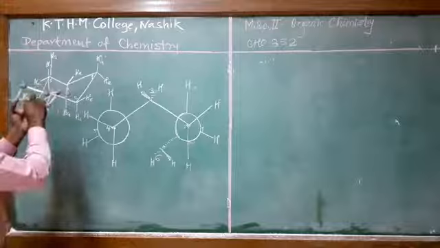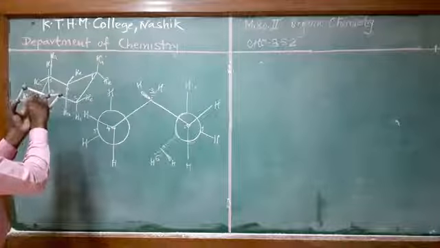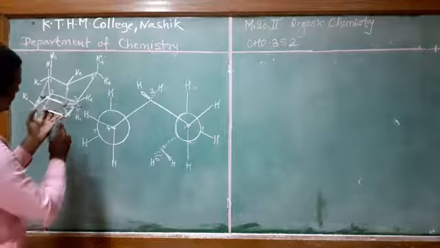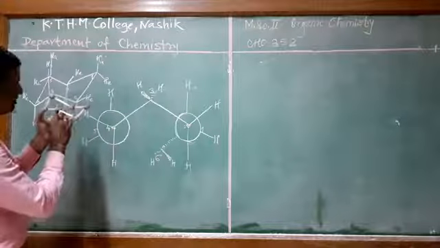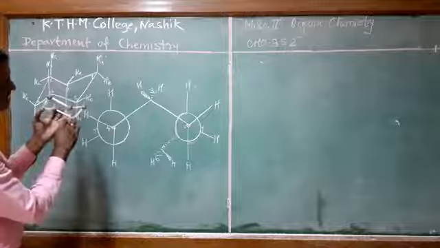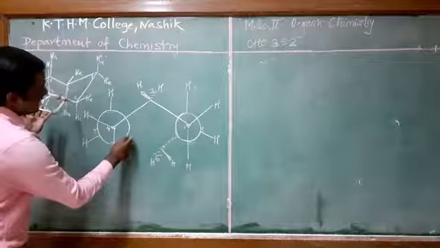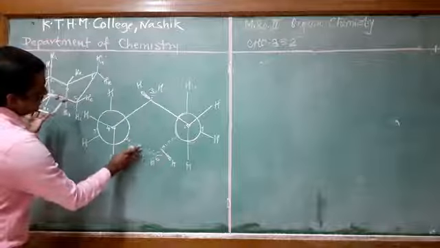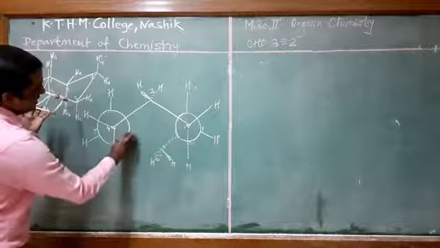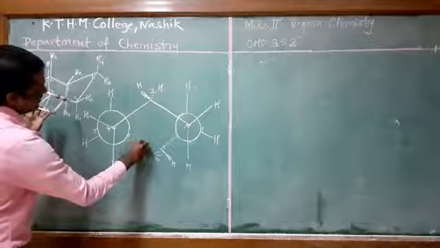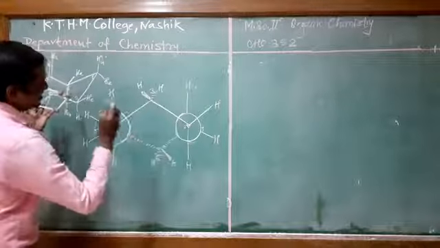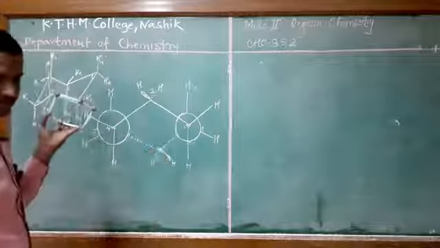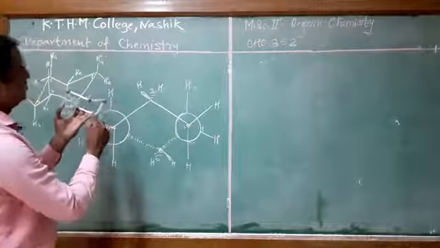But for carbon number 5, in the downward direction on the right hand side, there is one substituent. It is not hydrogen, it is carbon number 6. So that's why from the right hand side in the downward direction, it is connected with carbon number 6. So here there is carbon number 6 which has these 2 hydrogens.